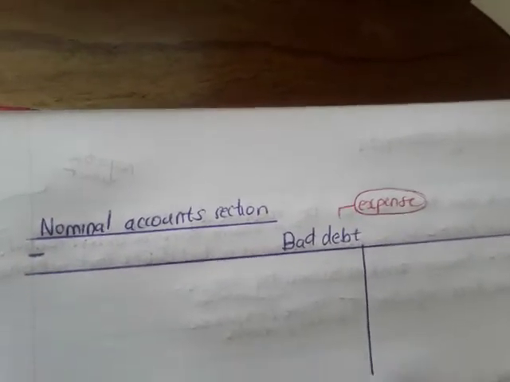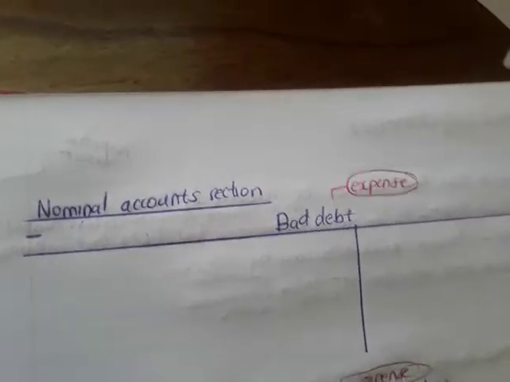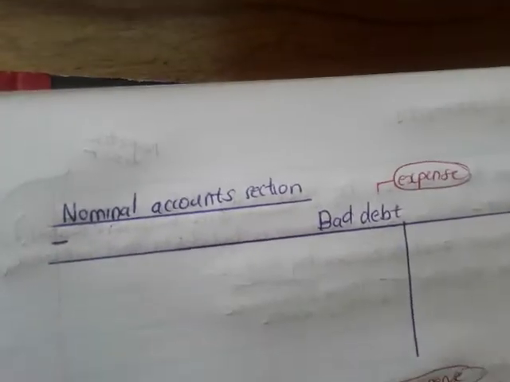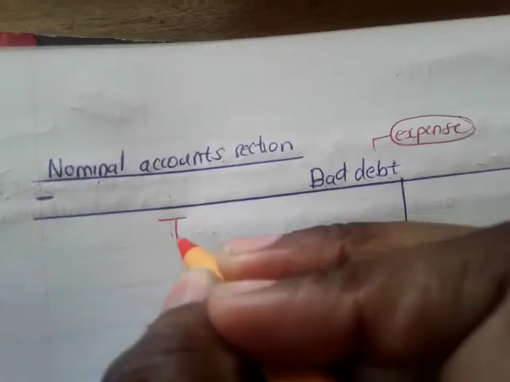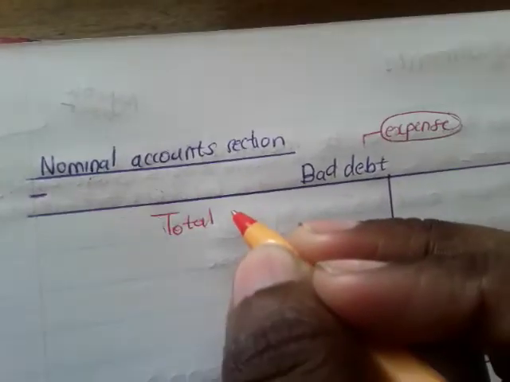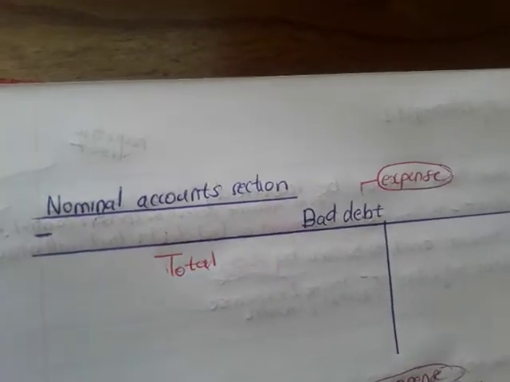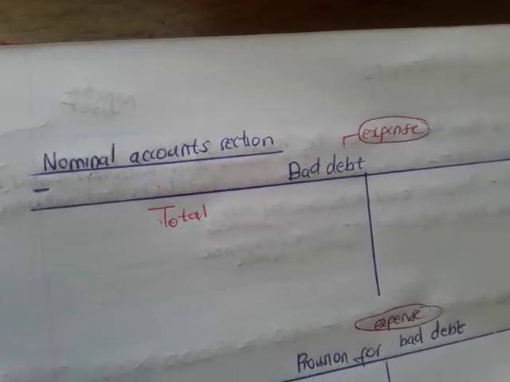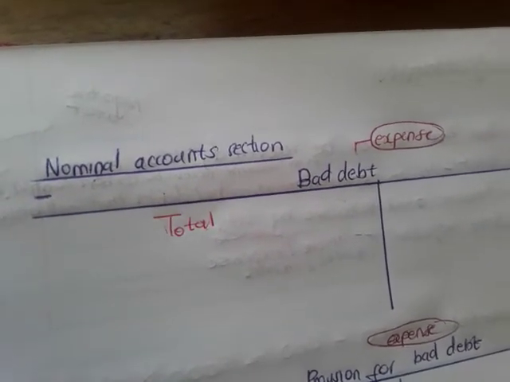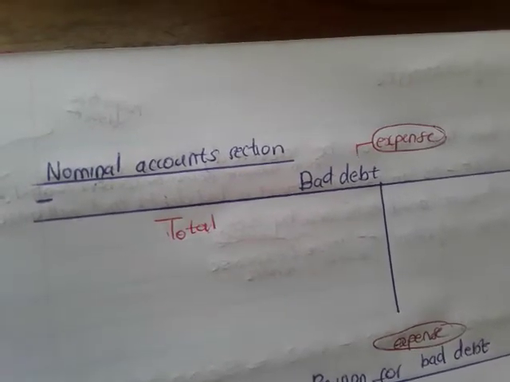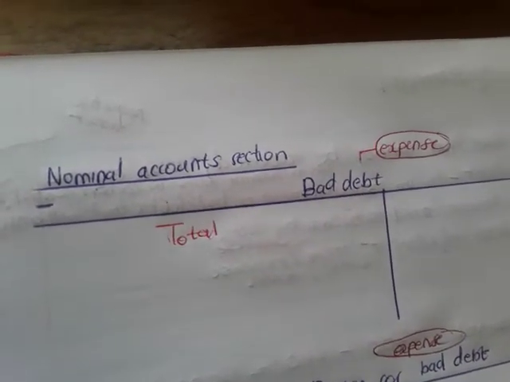We don't have totals of last year, but we have amounts of this year, okay? This total is actually an amount that we've been having maybe throughout the year, okay? Probably we had to write a debt off during the year, right? And then we are just adding to this total. It's not a last year's balance, right?